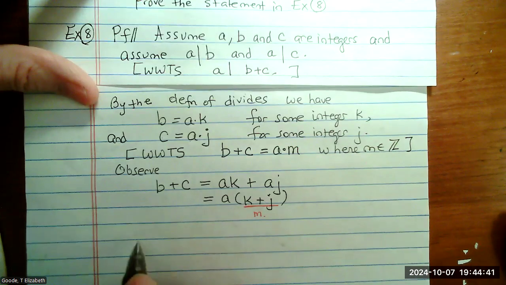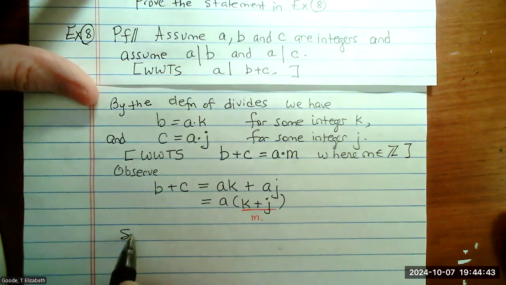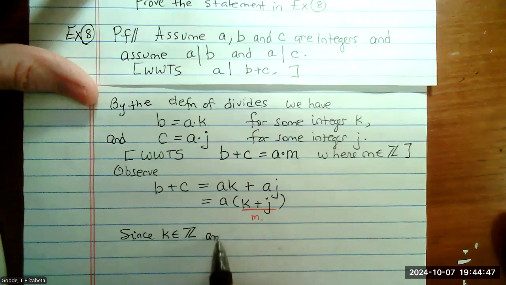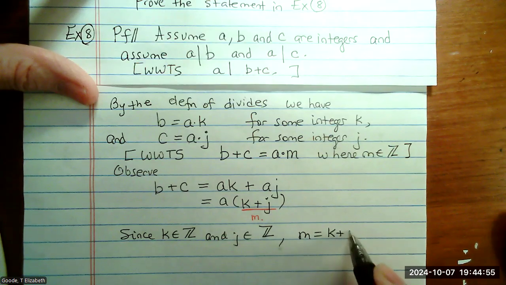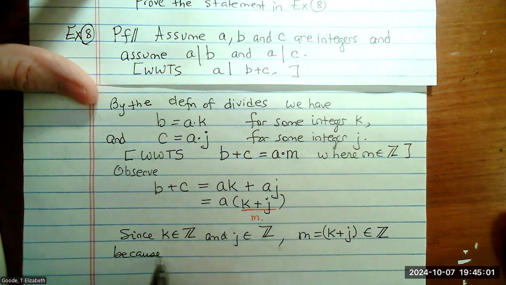And now we just talk about M being an integer. Since K is in Z and J is in Z, M equals K plus J is in Z because sums of integers are integers.